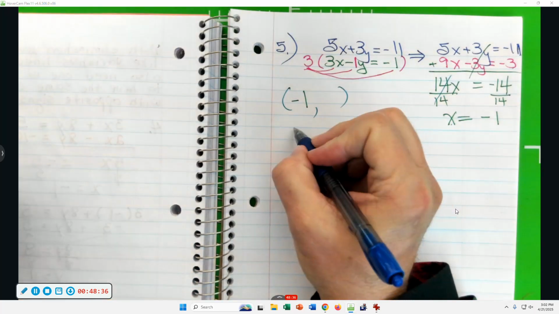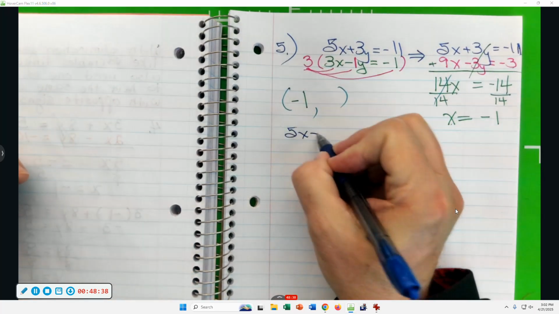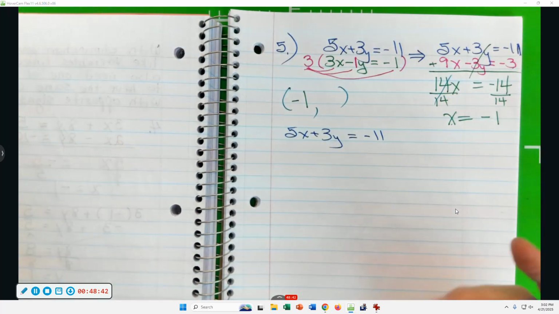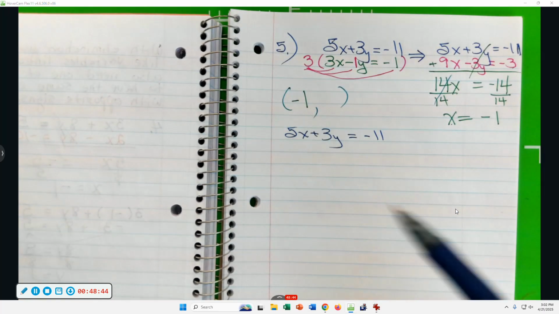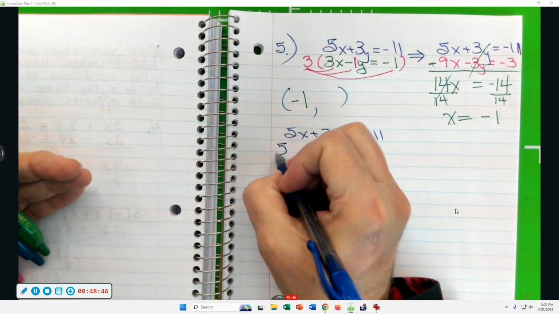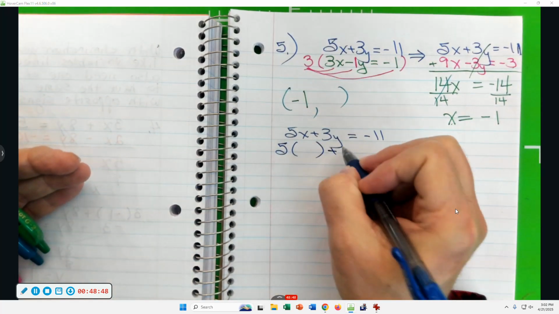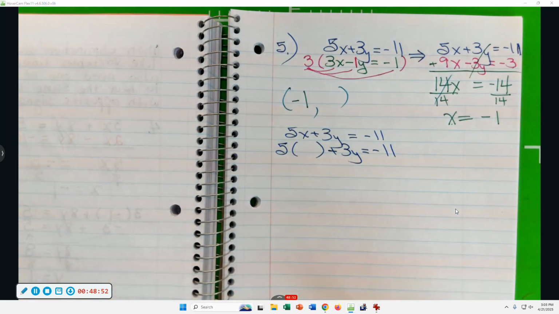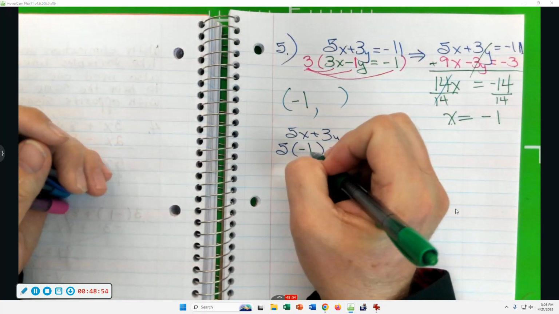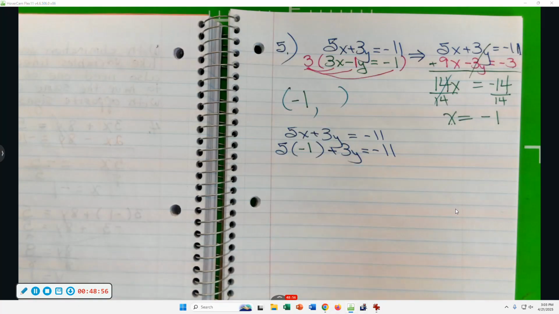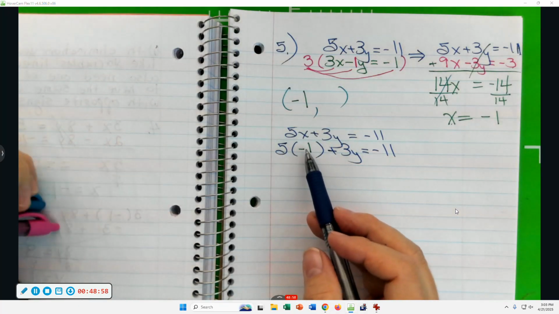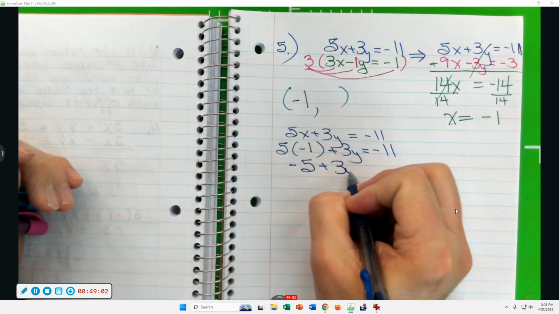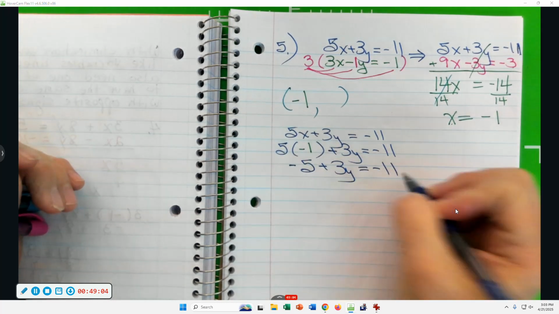Now I'm going to use 5x plus 3y equals a -11. I'm going to plug in that -1 for x. So we have 5, replace the x with -1. 5 times -1 is a -5 plus 3y equals -11.